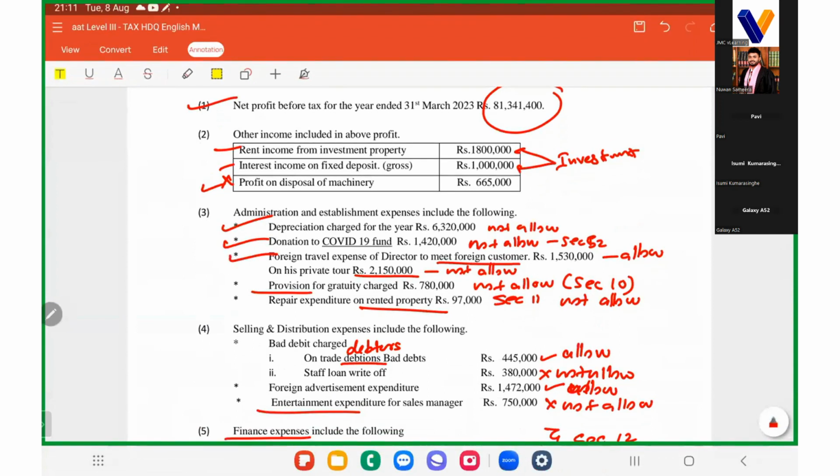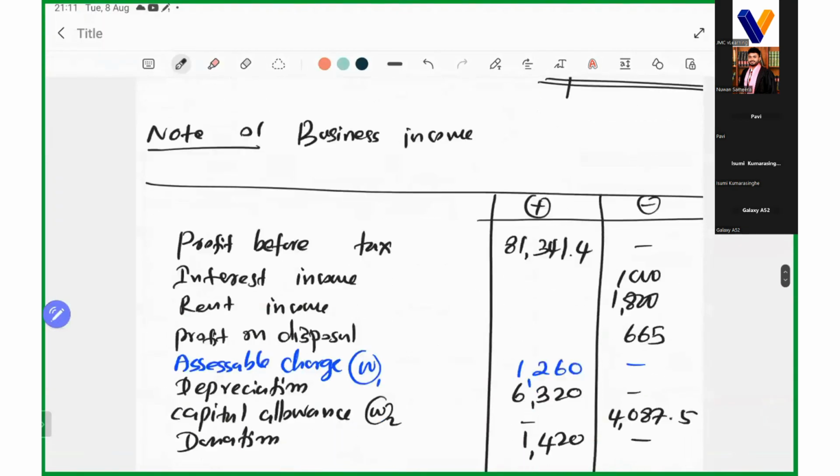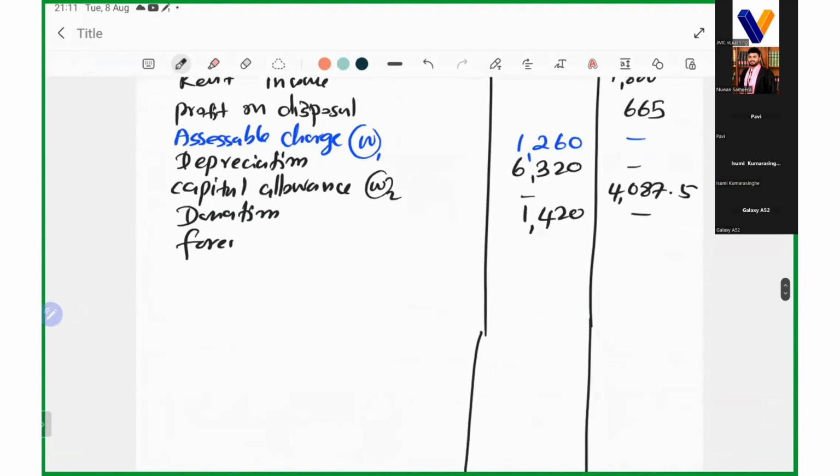Foreign traveling: there are two foreign travelings. The first one, to meet a supplier, that is allowed.